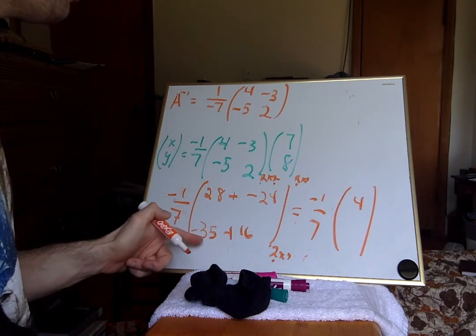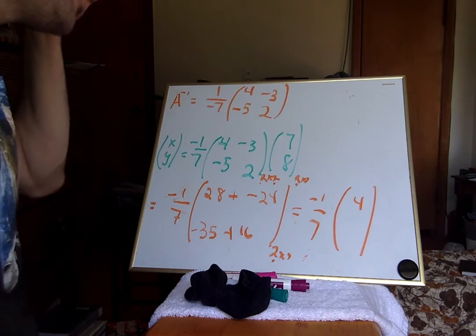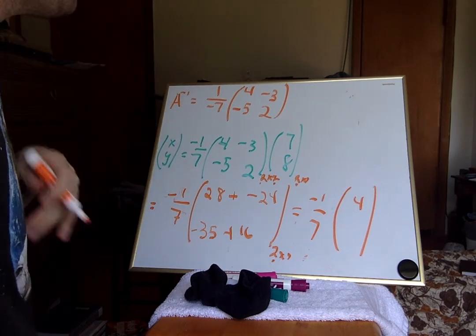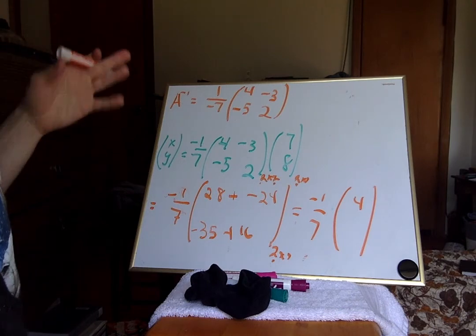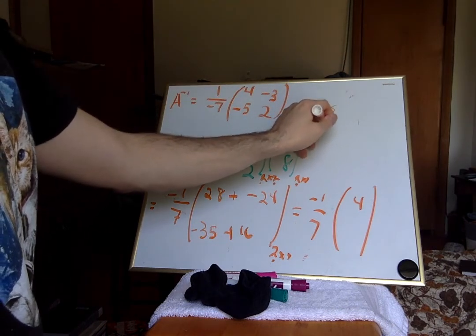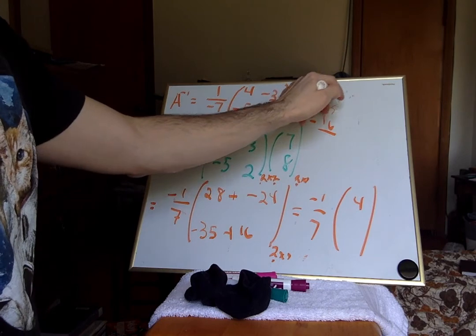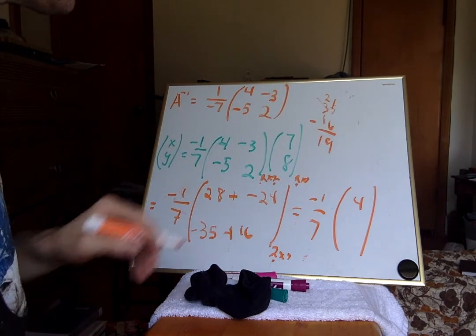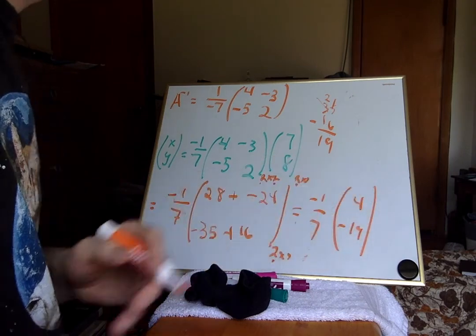And negative 35 plus 16. Well, this is 35 minus 16, what is that? I cannot add. Okay, so that's 19. So it's negative 19.